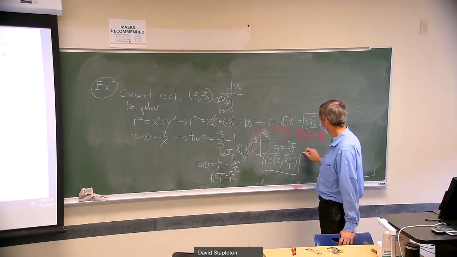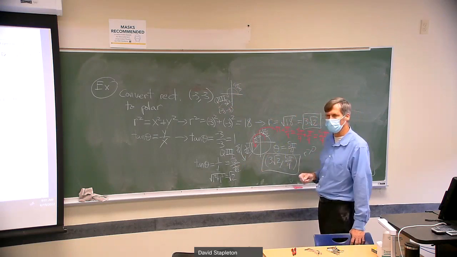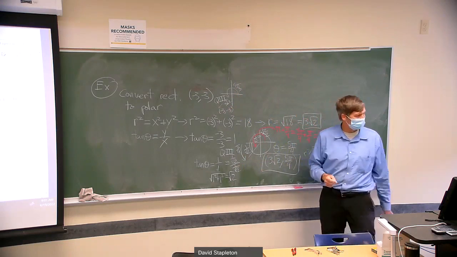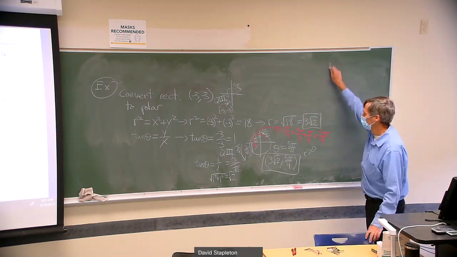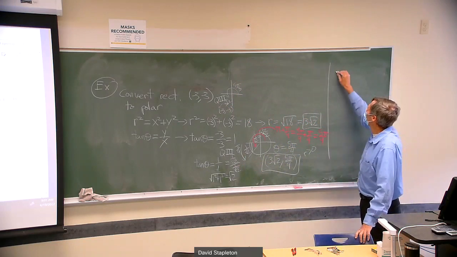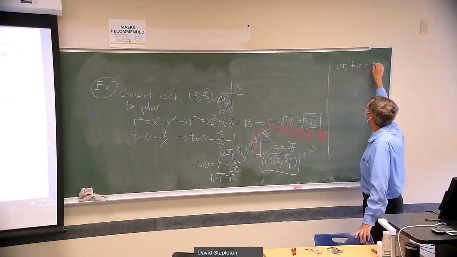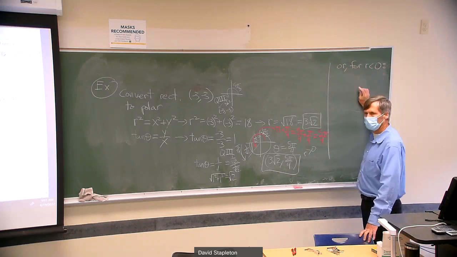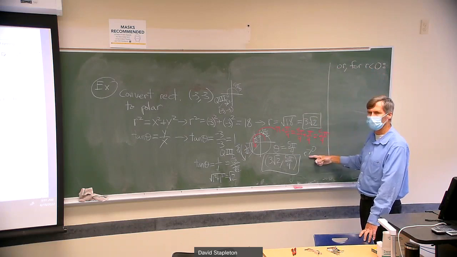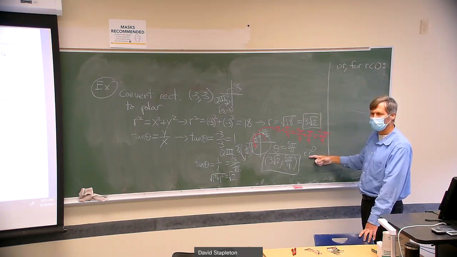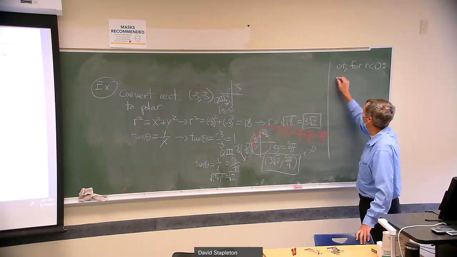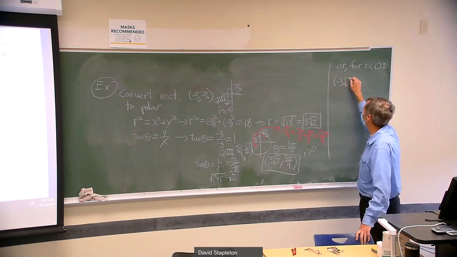Now suppose this is with r positive. What if I ask you also to find polar coordinates with r negative? Maybe I'll ask that. How do I do that? Once you find the positive ones, the negative ones are easy. What you want is just minus whatever r you got here, so it's minus 3 square root 2.